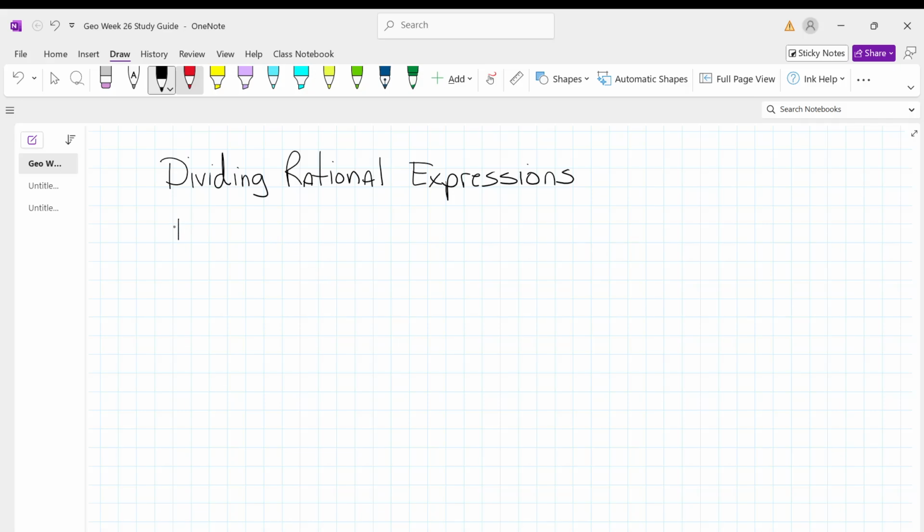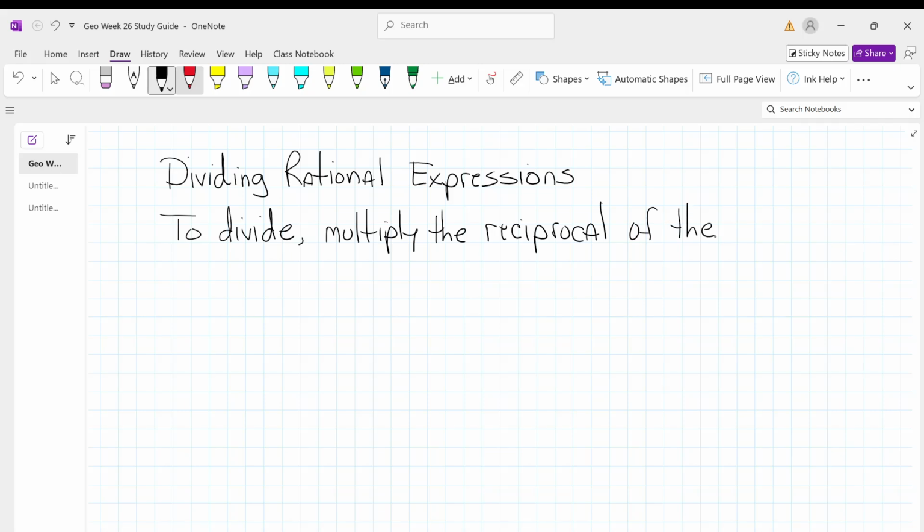And to divide, you're simply going to multiply by the reciprocal of the second expression.